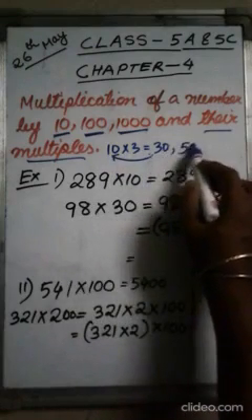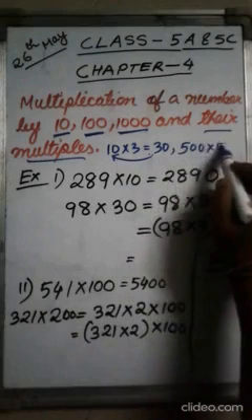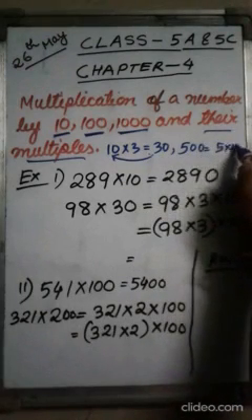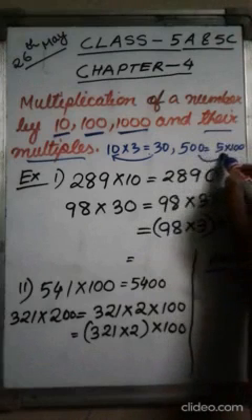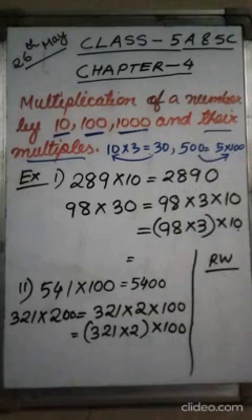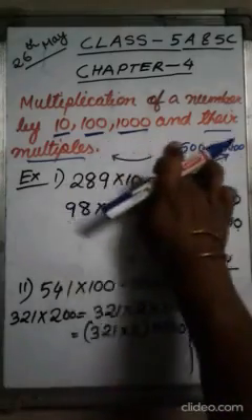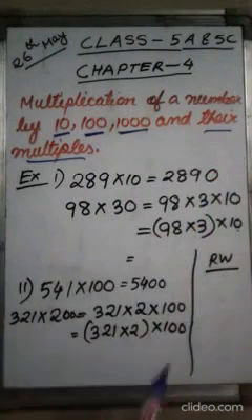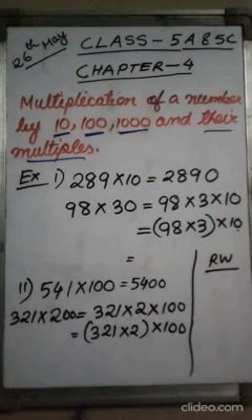Suppose 50 or 500, 500 is equal to 5 into 100, that is a multiple of 100. So if we have to multiply a number by this type of multiples and 10, 100 and 1000.